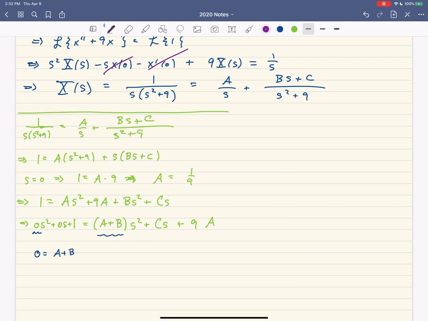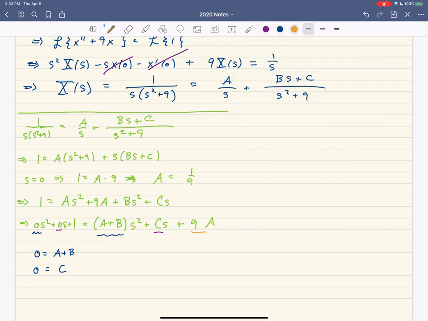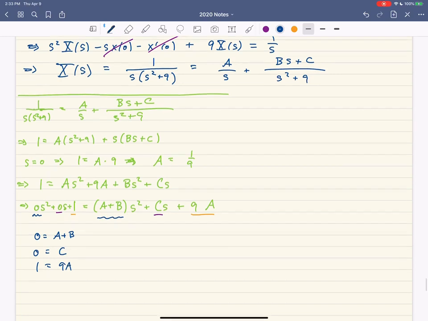We would want 0 to be equal to C. So 0 equals C. And then we already know that 9A should be equal to 1. And then this is enough to give us our system.